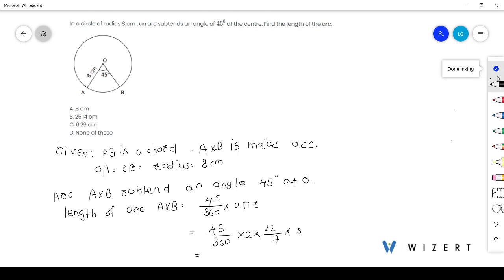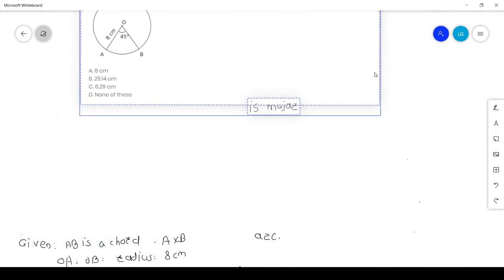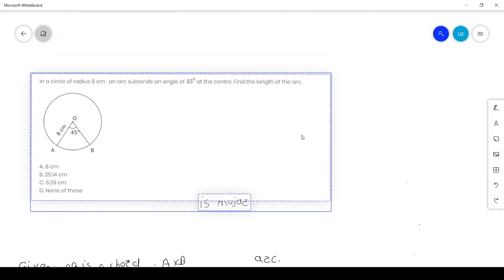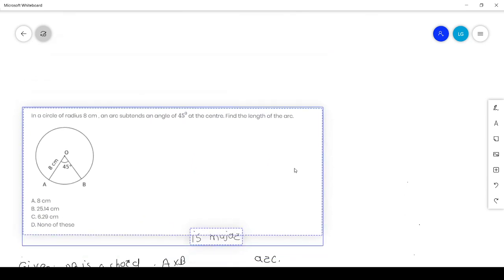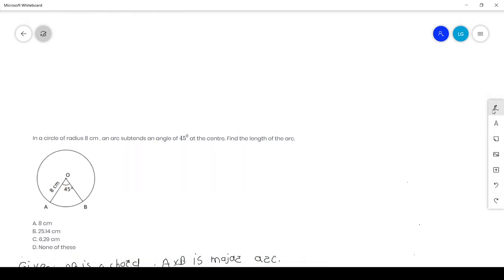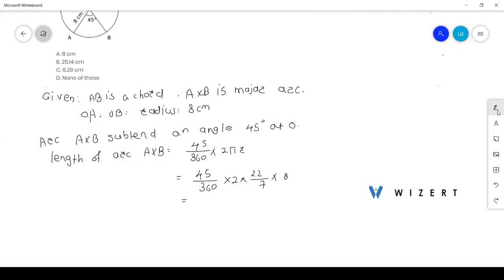So after solving this, we get 6.29 centimeters.